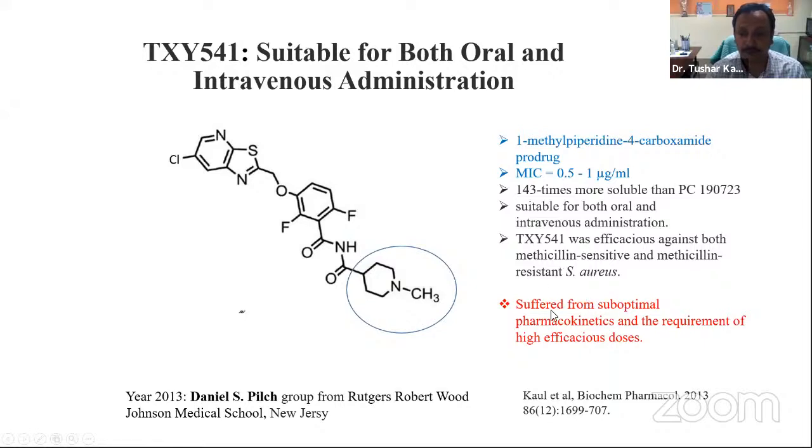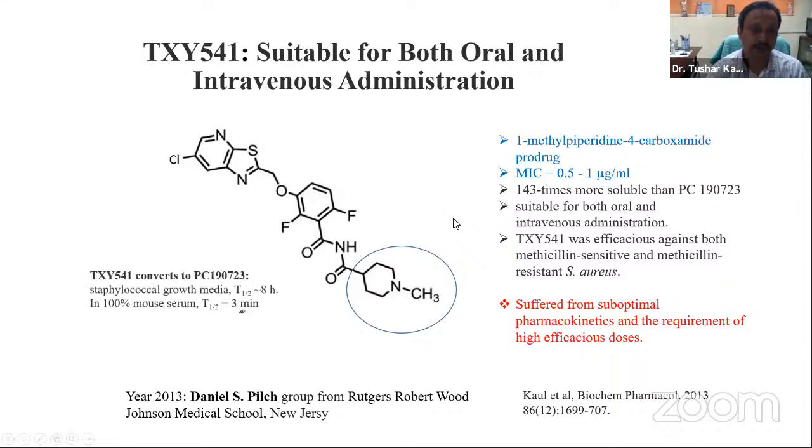But there is a problem: it suffered from suboptimal pharmacokinetics, and that's why a high dose was required, which was not advisable.